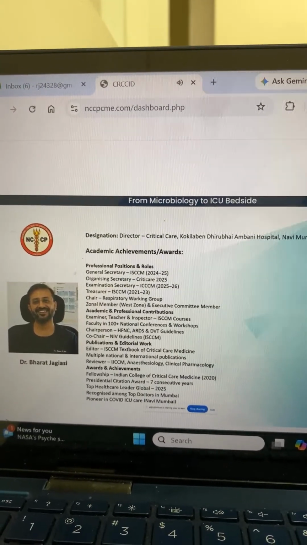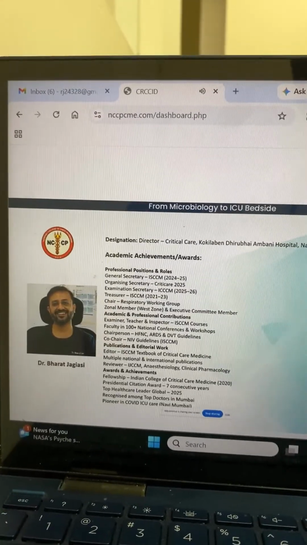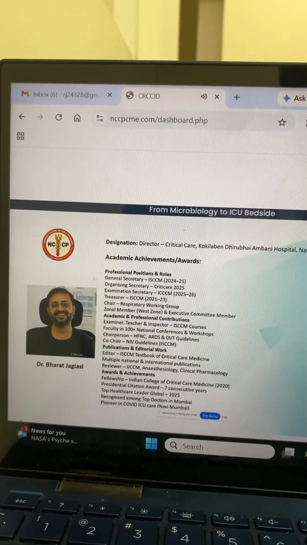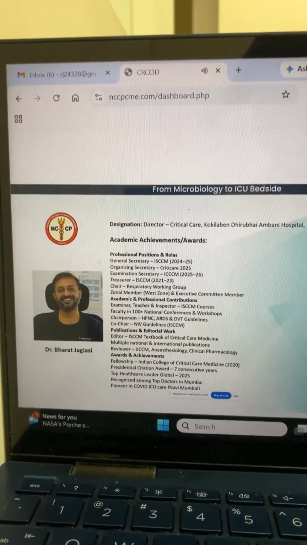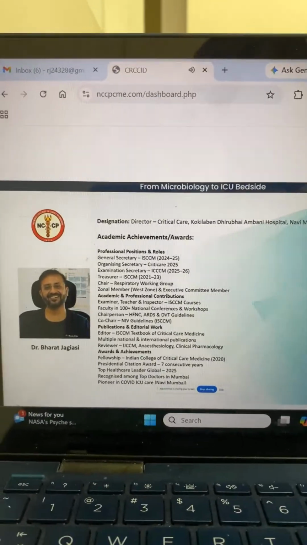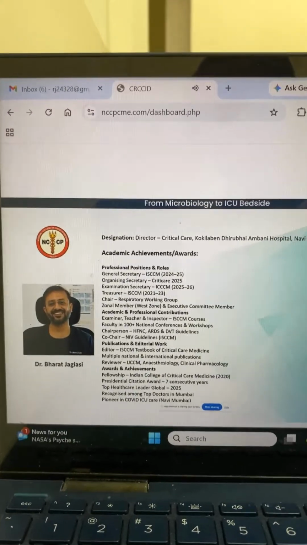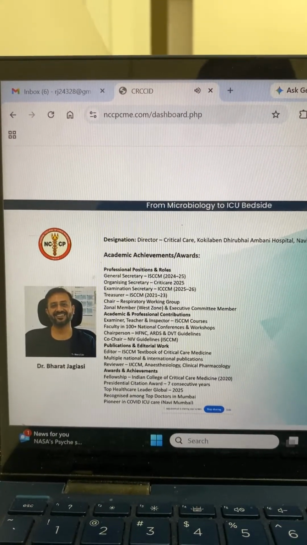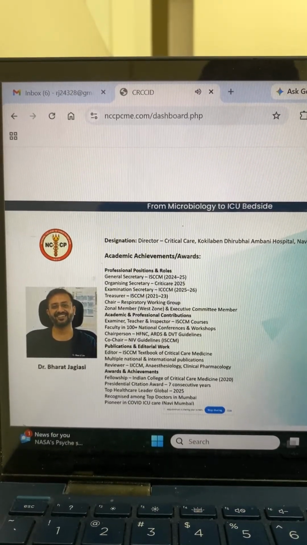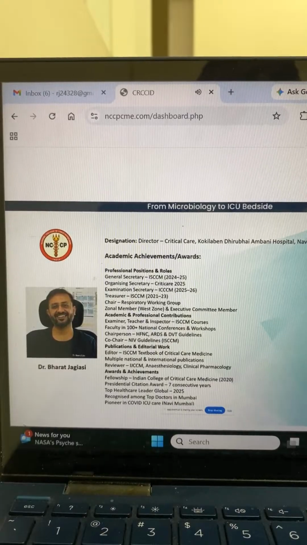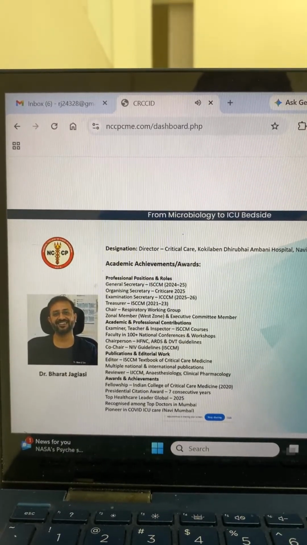He was General Secretary of ISCCM, Indian Society of Critical Care Medicine, 2024 to 25, Organizing Secretary for Critical Care 2025. He's been Examination Secretary for ISCCM, extremely active in the Indian Society of Critical Care Medicine. He's also been the Treasurer, and Zonal Member of the West Zone.